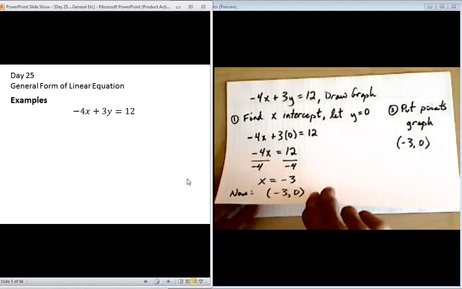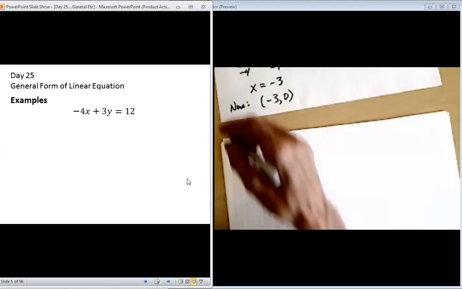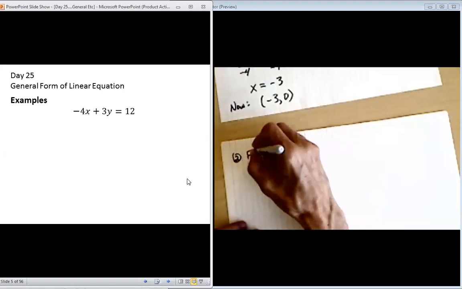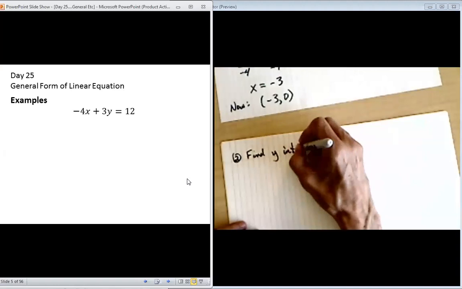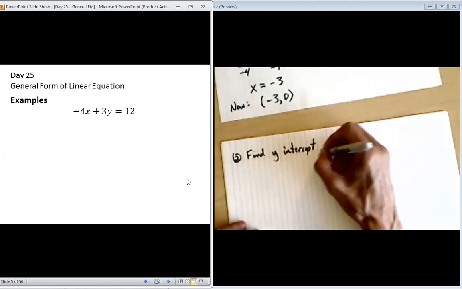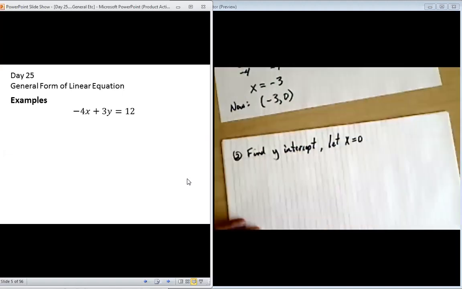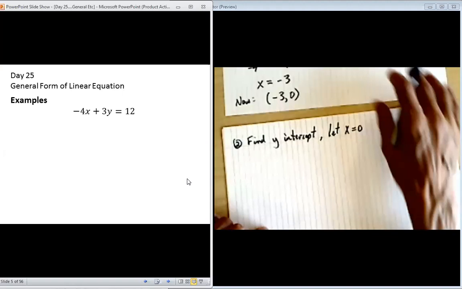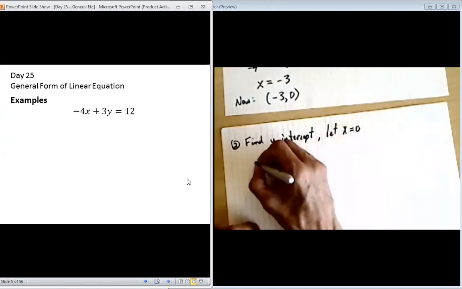Yeah? Okay. And step number 2 is find the y-intercept now. Let x equal 0. So this was the original equation.